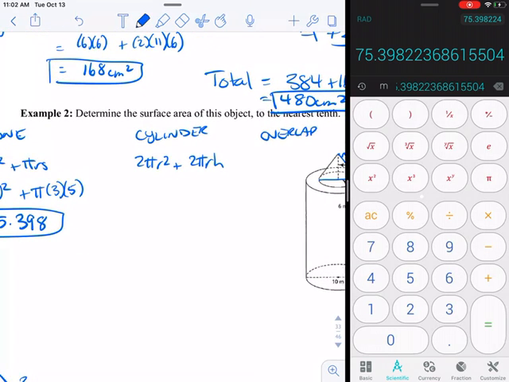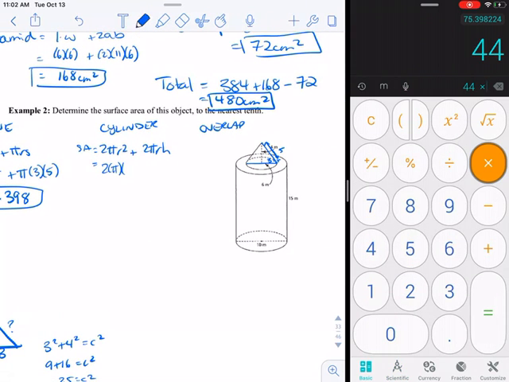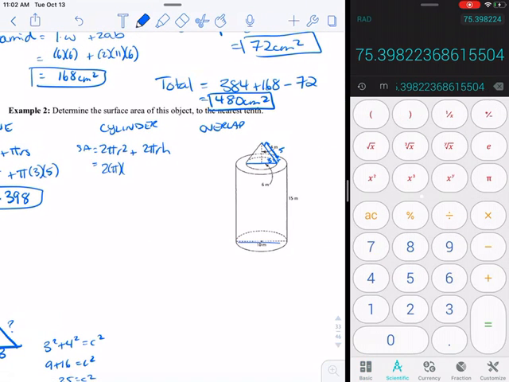Okay. Now let's do the cylinder. The cylinder is 2 times pi times the radius of the cylinder. The cylinder has a different radius. The diameter here is 10, so the radius is 5 for this one.